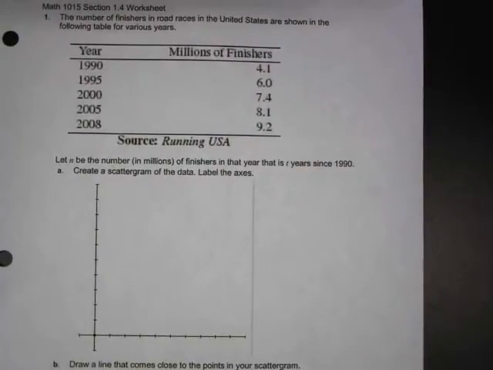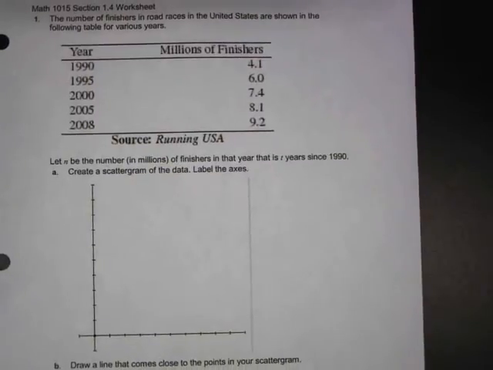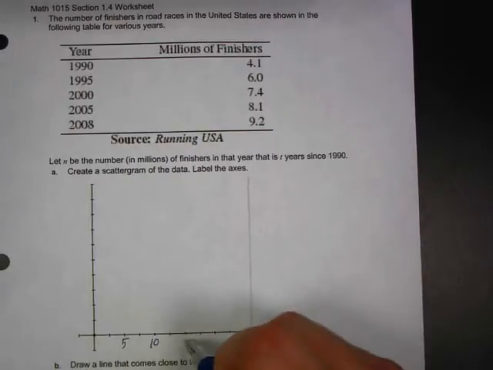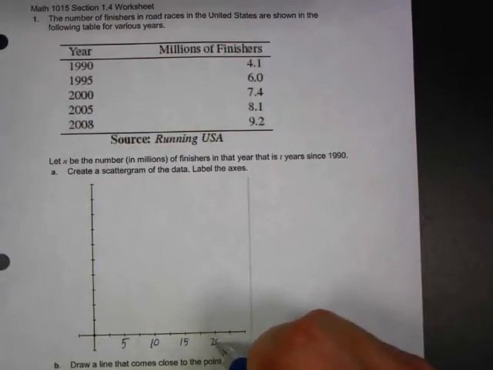Start all over again. So, on our x-axis, going across, how do we want to go? By 5. So 5, 10, 15, 20 maybe? I'm going to go 5, 10, 15, 20. I like to spread mine out.